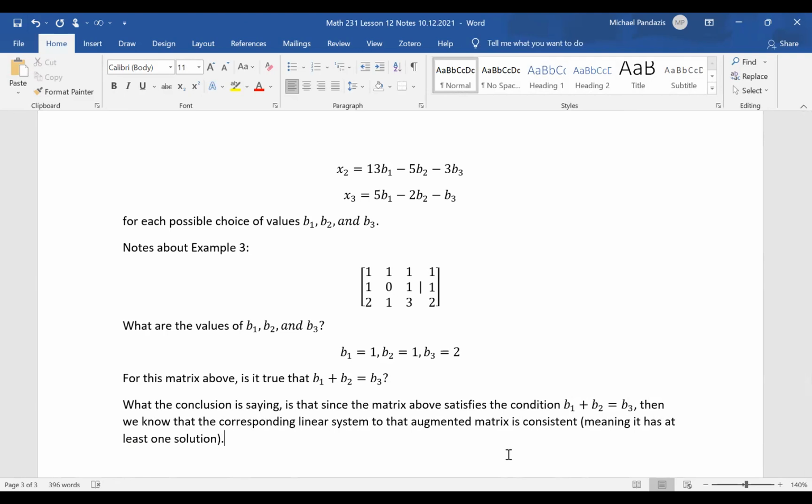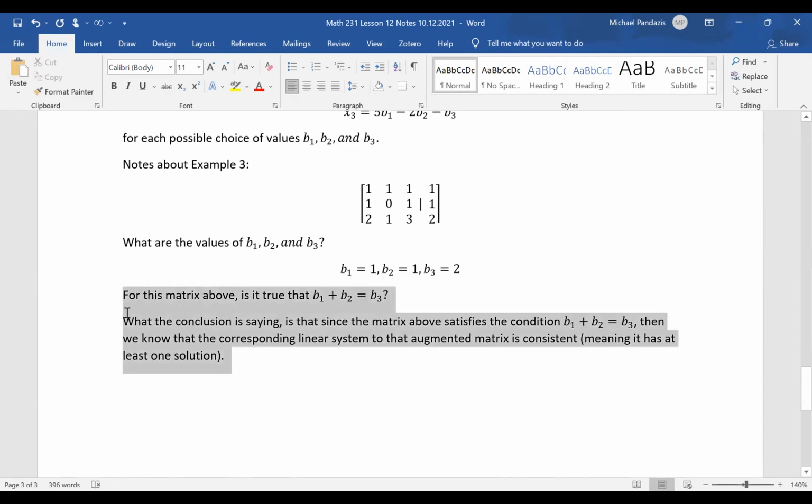Does that make sense? Why does that mean it has one solution?